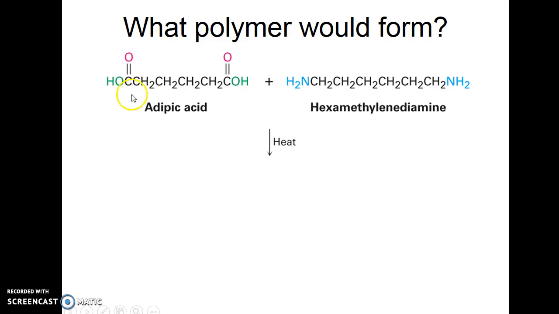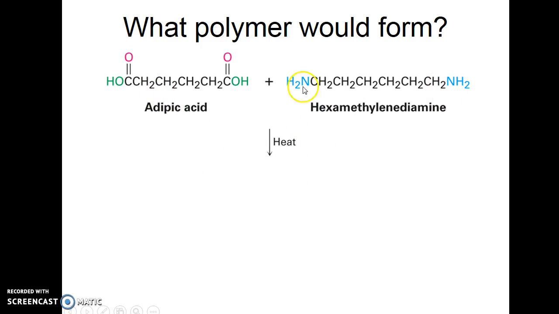What polymer would form from adipic acid and hexamethylene diamine? Well, what we actually usually do is form the adipoyl chloride and mix it with the diamine and do it at room temperature.